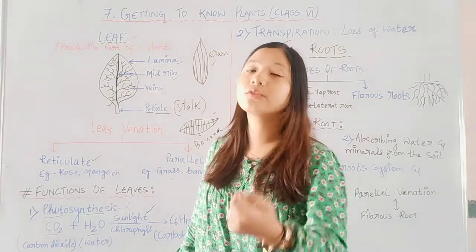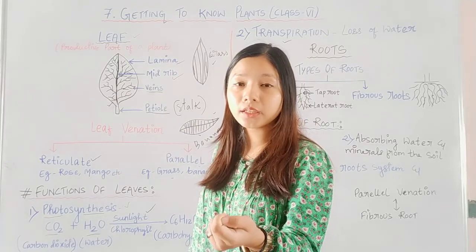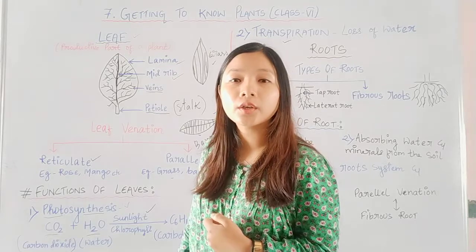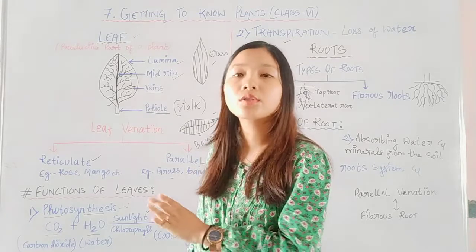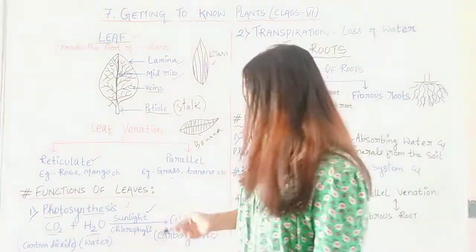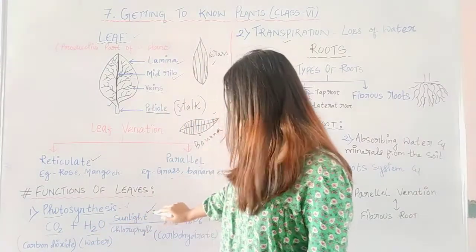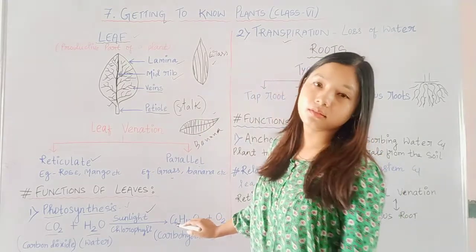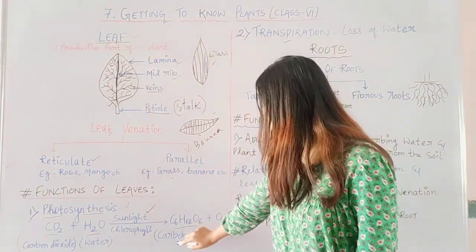Just as we cook food at home, we need heat provided either from LPG gas or firewood. So what provides energy for plants to prepare their food? They use the light of the sun. So carbon dioxide and water, in the presence of sunlight and chlorophyll, prepare the food to produce carbohydrate.